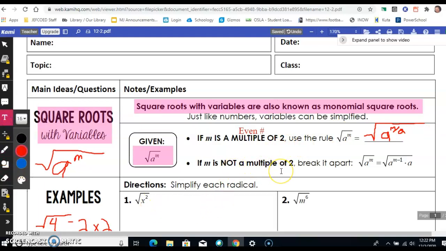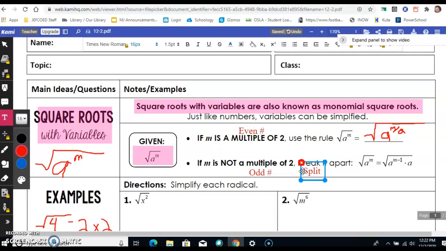If it's not a multiple of 2, which means it's going to be what type of number? It's going to be an odd number. We're going to break it apart, okay? Now, and you also might hear me use this term. I may say split it because I'm going to use that term quite often.